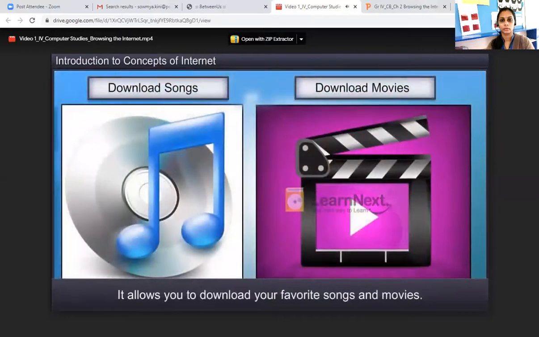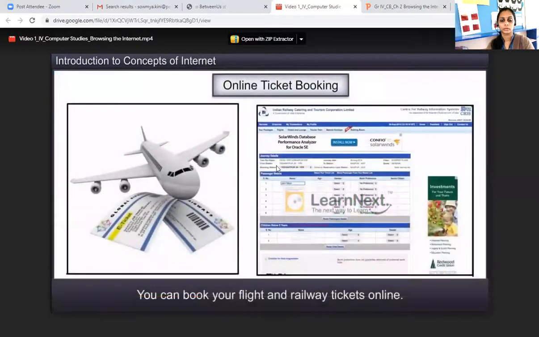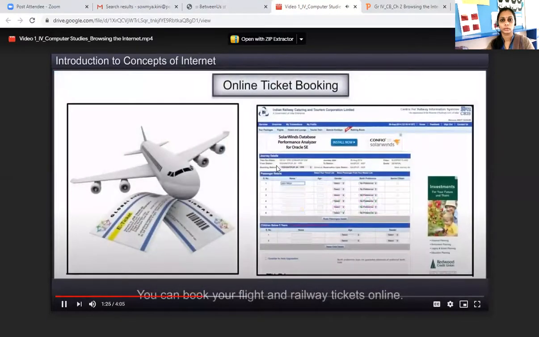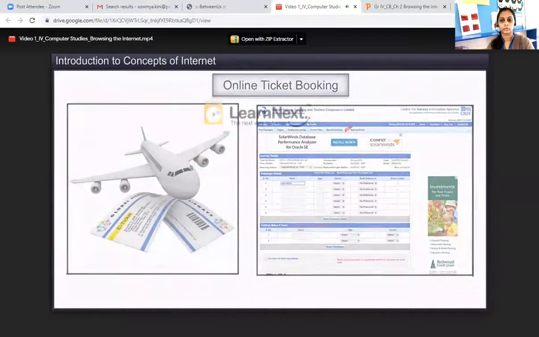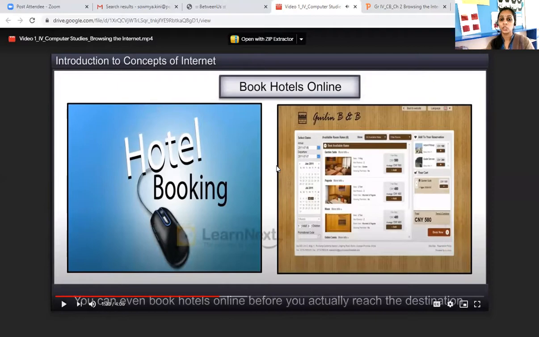Internet allows you to download your favorite songs and movies. You can book your flight and railway tickets online. You can even book hotels online before you actually reach the destination. Yes, you might have experienced this when your parents did it during their vacations, right?